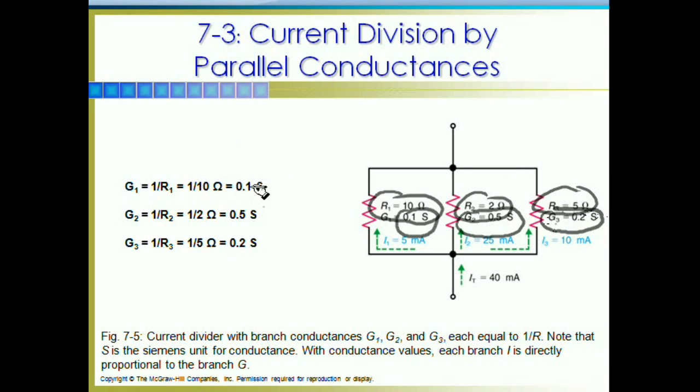So my total conductance is going to be 0.8 Siemens. So if I want to find the current flow through R1, the proportionality for R1 is 0.1 over 0.8, or 1/8, or 0.125 times the total current.